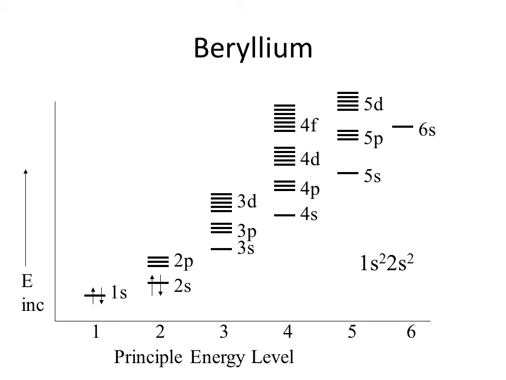For beryllium, with 4 protons, there are 4 electrons in beryllium, so 1s2, 2s2 is the electronic structure of beryllium. If I look at the superscripts and I add them together, you can see they come up to 4, which is the number of electrons in a neutral beryllium atom.